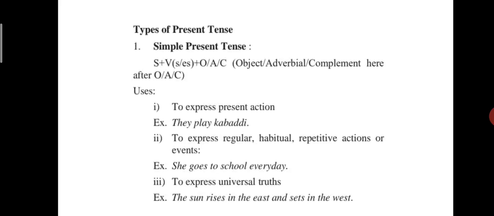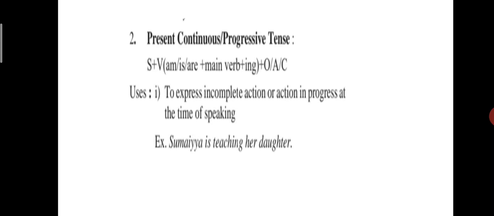Next part, present continuous or progressive tense. Structure: subject plus am or is or are plus main verb plus ing plus object or adverbial or complement.